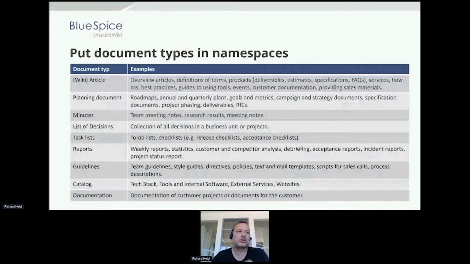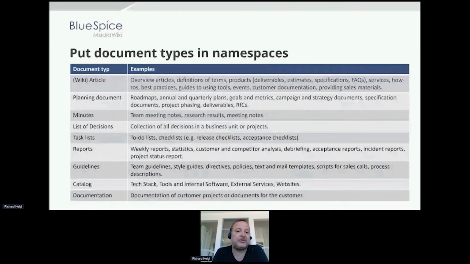If you do a Google search and look at knowledge bases and how to structure them, you will find that there are just a handful of document types you have to consider for a knowledge base. You see them in the left column.